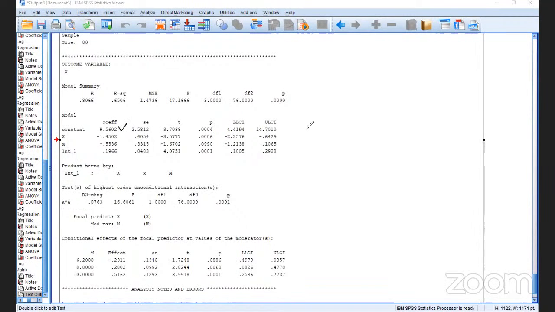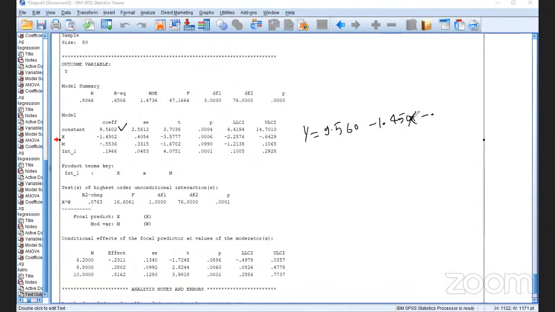Now I can write my model: y equals 9.5602 minus 1.450 into x. X means the independent variable.